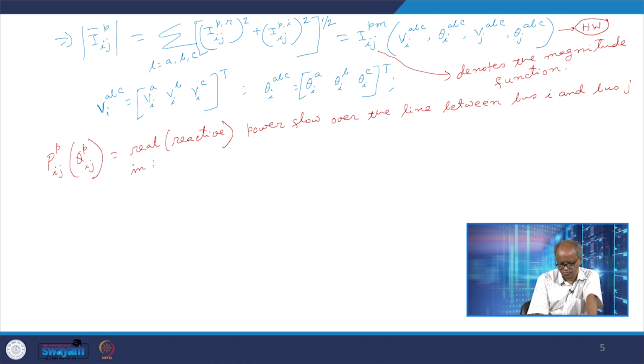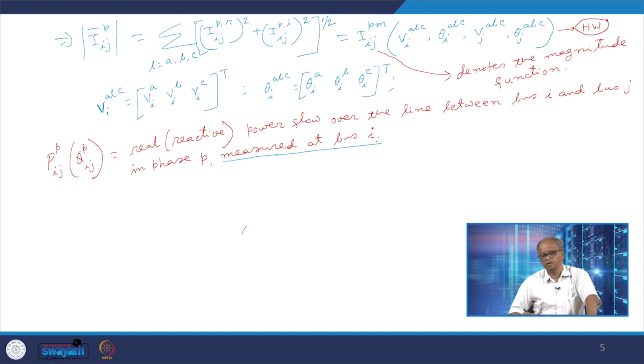in phase P. P is of course ABC, measured at bus I. This is very important, please note it, that measured at bus I. Without this expression we really cannot write it uniquely. I will just show you how.